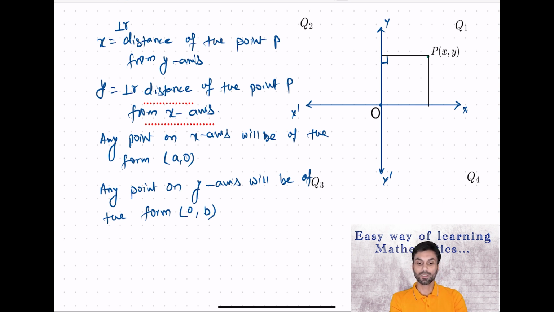That means on the x-axis the y coordinate will be 0, here y equals 0, and on the y-axis the x coordinate will be 0. That point needs to be remembered. And we already know the coordinate of the origin is 0 comma 0.